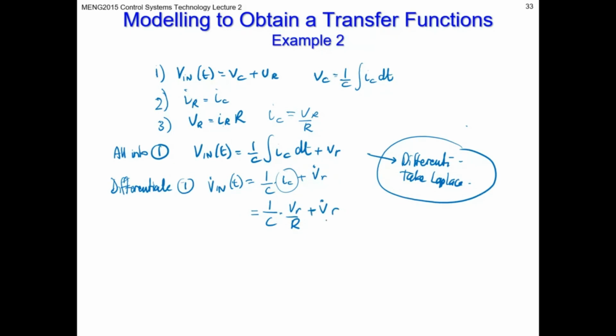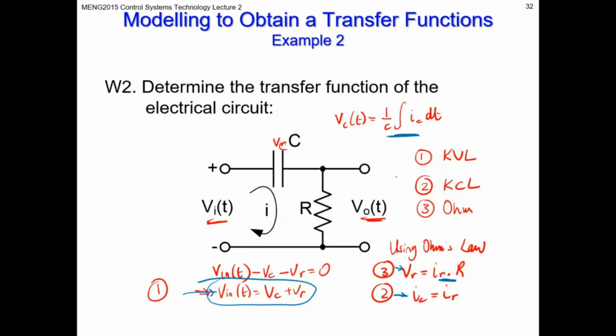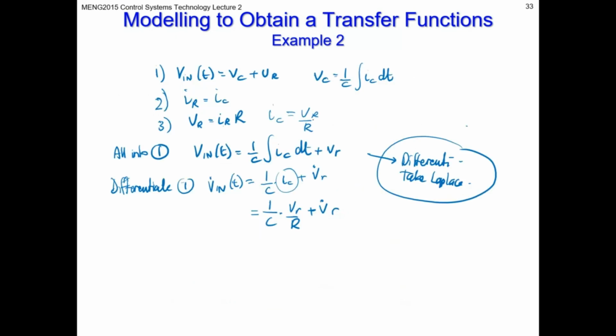Remember, we're looking to get our output, which is VR, as a function of our input Vin. So this is the function we want. We've got rid of IC, a variable we didn't need, so we are one step closer.